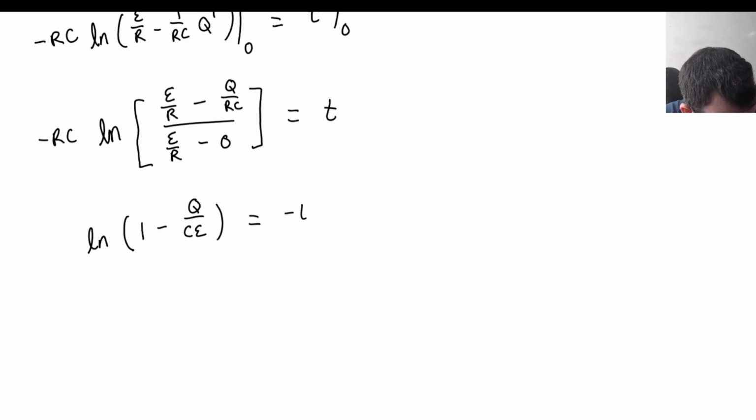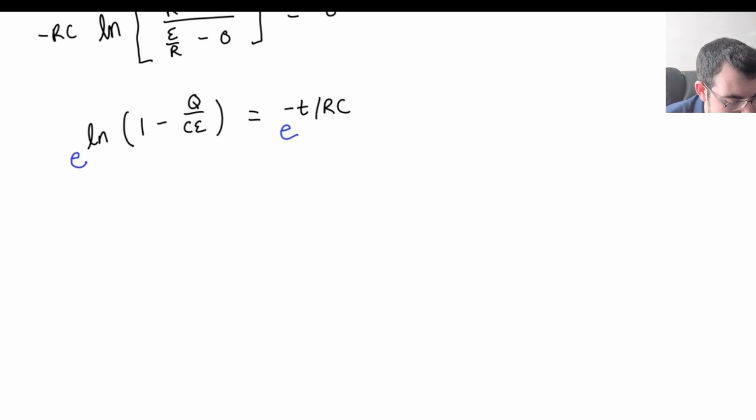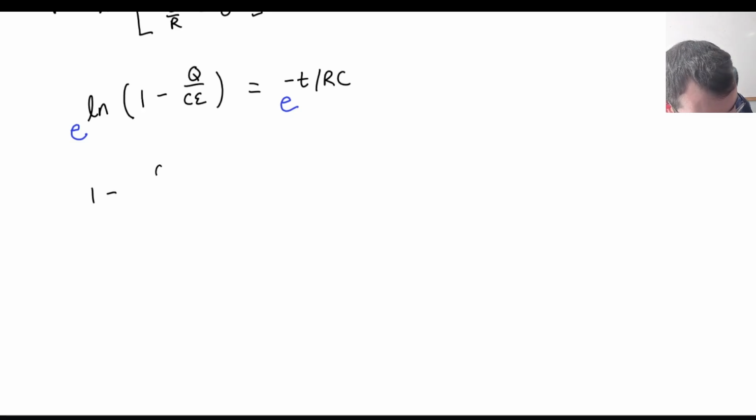All right, then we will e both sides, because if e and ln touch each other, they cancel. So then I get 1 minus q over c epsilon is equal to e to the negative t over rc.